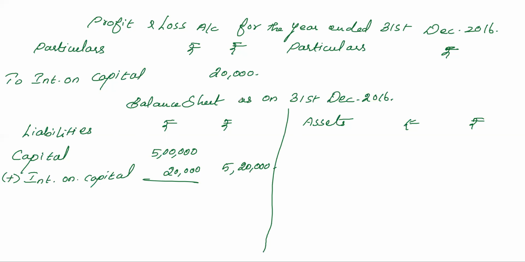Next, the same model applies to interest on drawings. The only difference between interest on capital and interest on drawings is that one is debit and the other is credit, and it goes to liabilities. So now the 7th one, interest on drawings.